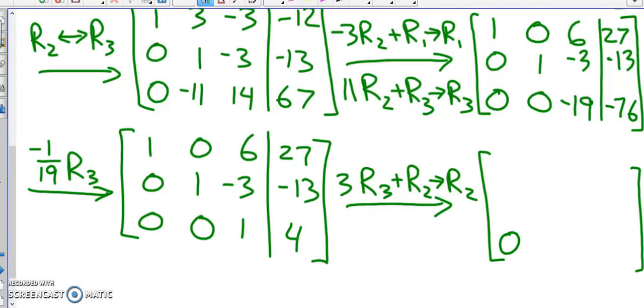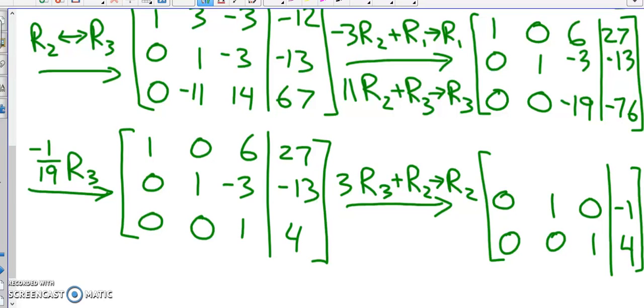So row 3 is going to stay the same, and then I have to calculate row 1 and row 2. Well, the beautiful thing about this is the first two numbers are going to stay the same because of these zeros here. I know the third number is going to be a 0 because that's what I designed it to be. So at this point, I only have one number to figure out. And literally, it's going to be 3 times 4 is 12 plus negative 13 is negative 1.